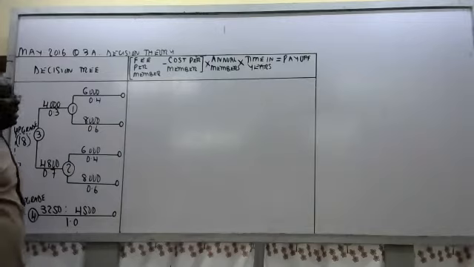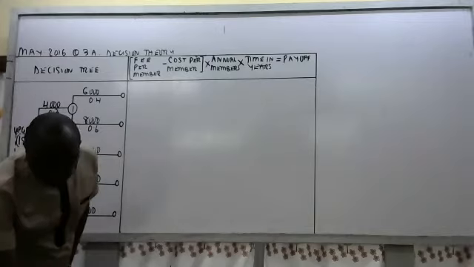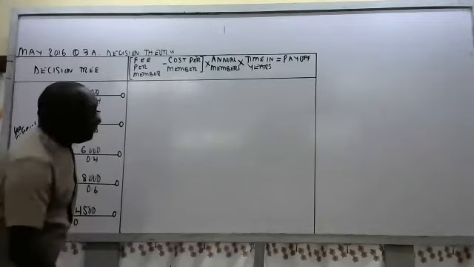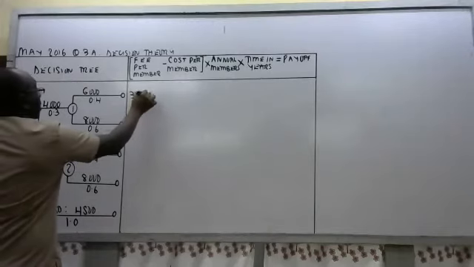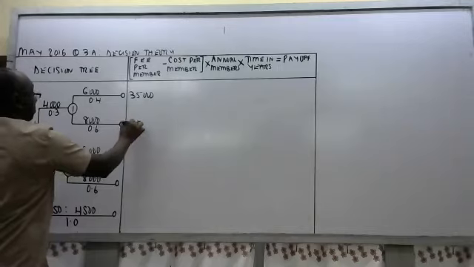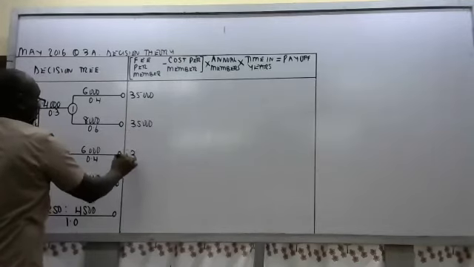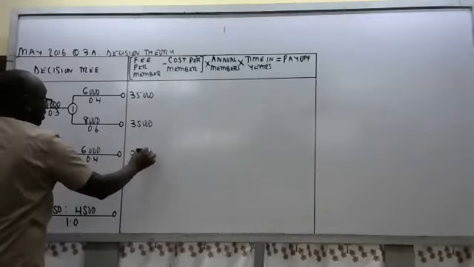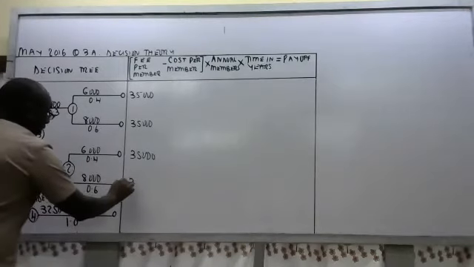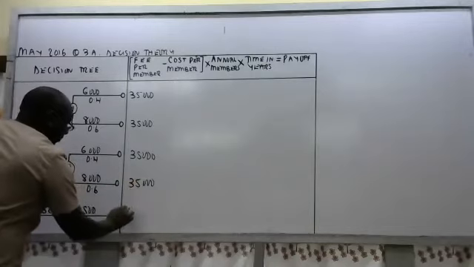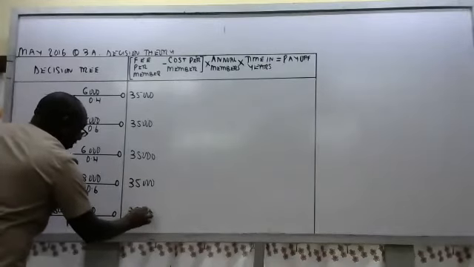So with that, let us now record the membership fee. The membership fee is that 5,000. That is not affected by whatever. It is that 5,000, that 5,000 and that 5,000.